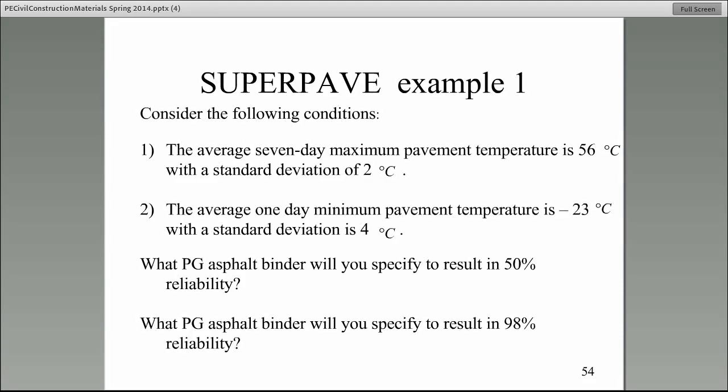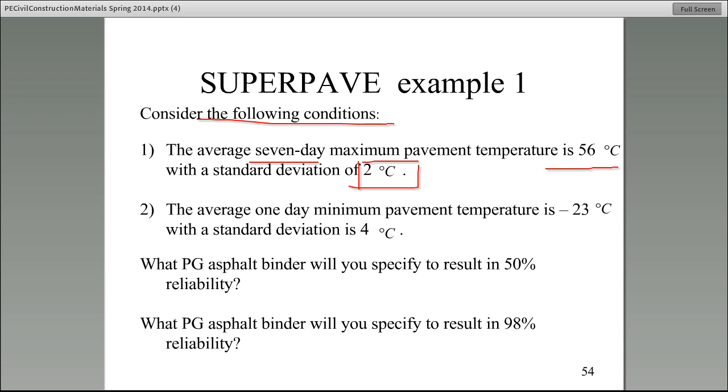All right? Now, here is a problem. If you get a question like this, this is how you will get it. They say, consider the following condition. The average 7-day maximum pavement temperature in some location is 56 degrees centigrade, and the standard deviation is 2 degrees centigrade.